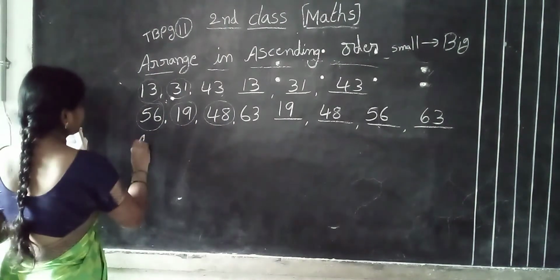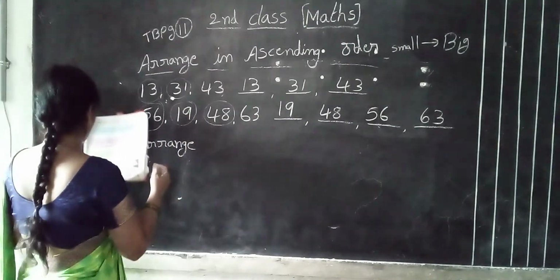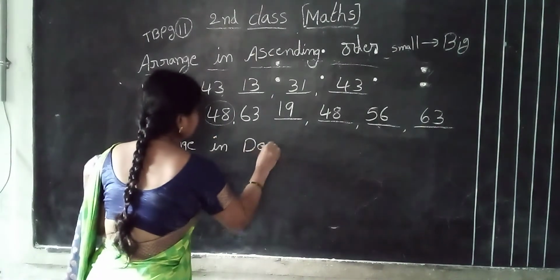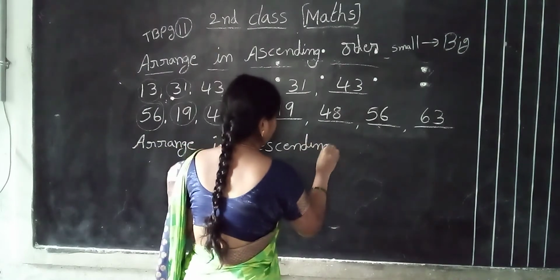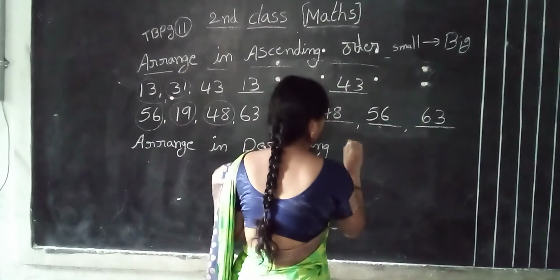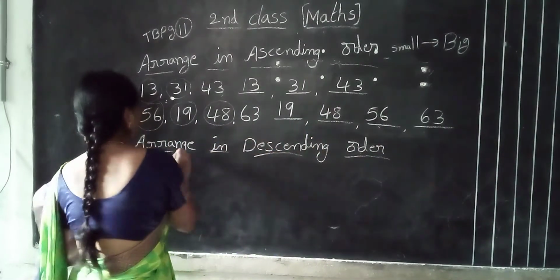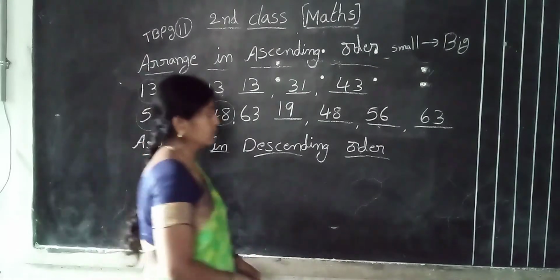Next, arrange in descending order. Descending order is big to small.